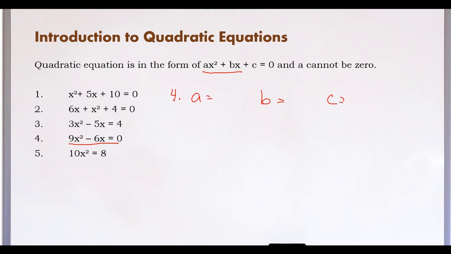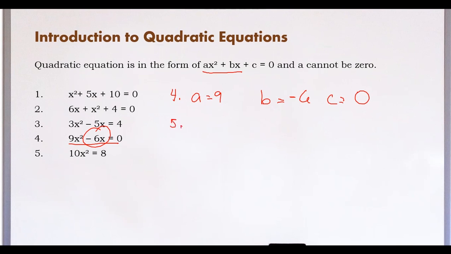A is equal to 9. B then is the coefficient of the linear term, negative 6x, so b is negative 6. And for the constant term, since we cannot see any constant term here, the value of c is 0. All right, so that's a fast one.